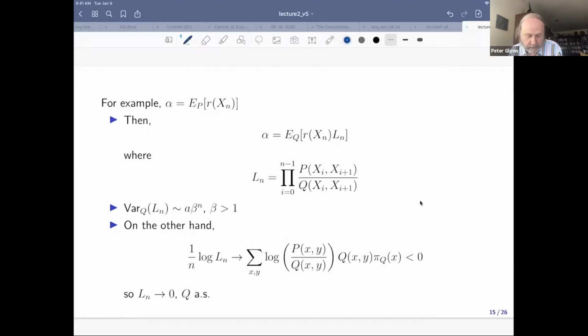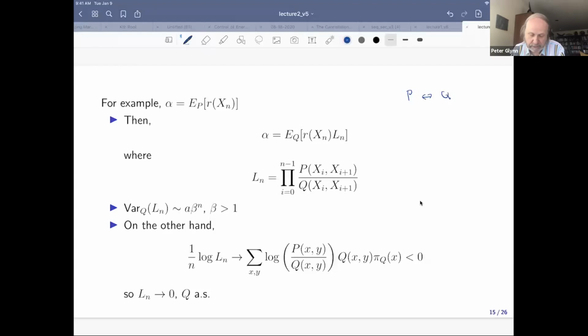Now, let me just illustrate this importance sampling idea in the context of Markov chains. Suppose that we want to compute the expected reward associated with the state of a Markov chain at time n. The natural importance distribution Q to use would be one under which the dynamics of X continue to be determined by a Markov chain. So effectively, we replace the transition matrix P by a transition matrix Q and use Q dynamics to run the Markov chain rather than P dynamics.